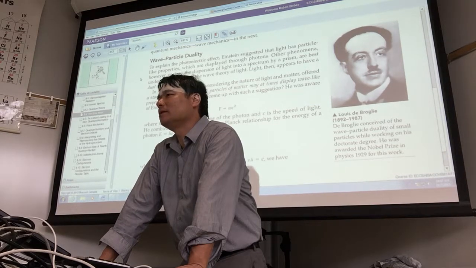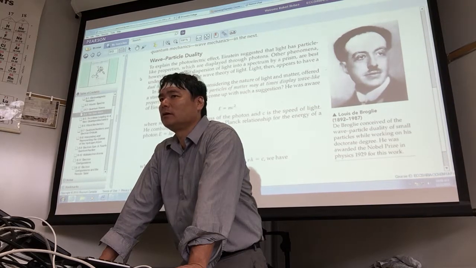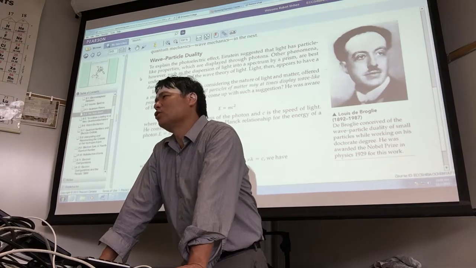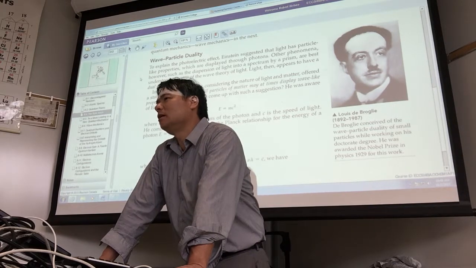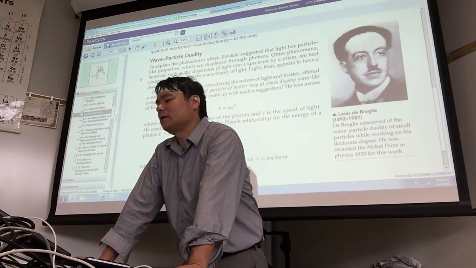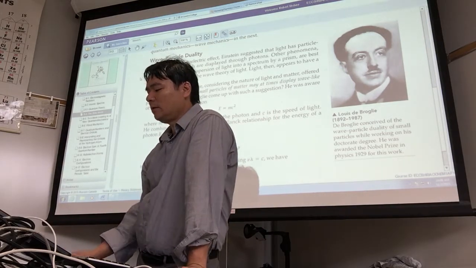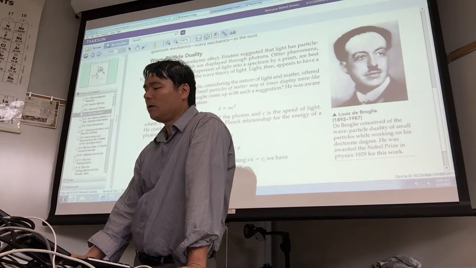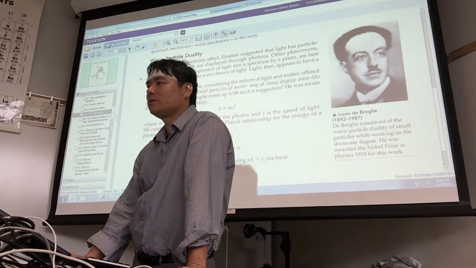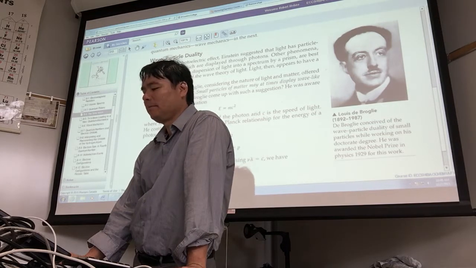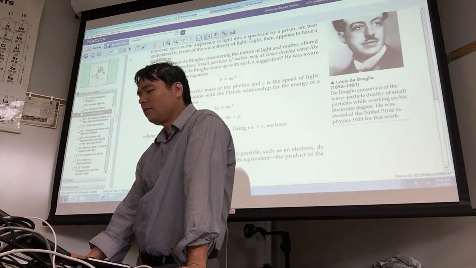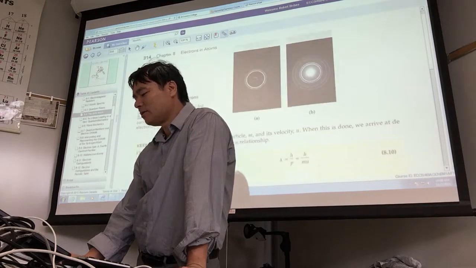That is, we have these things called photons of light. Photons aren't a true particle in the sense that they have a rest mass. They have mass. They don't have mass. In this wave-particle duality, what de Broglie is saying is that all particles have wave properties too, like light. The wavelength of it is given by this famous equation here.